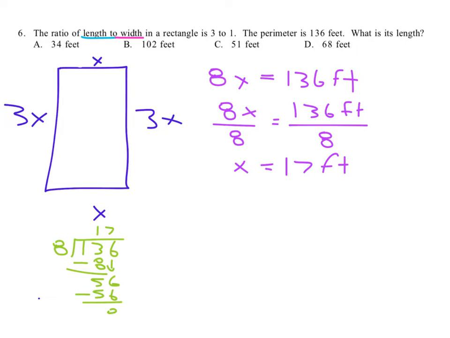So going back, we say, okay, then 3x, or 3 times 17, gives you 51 feet. And that is your answer.